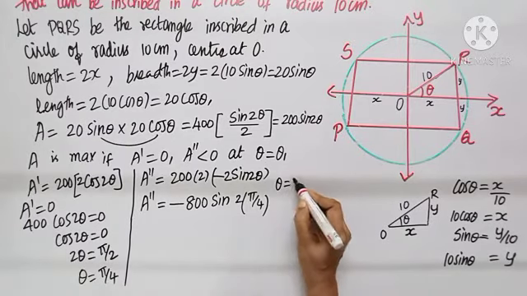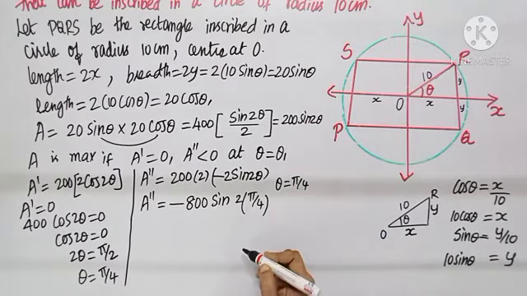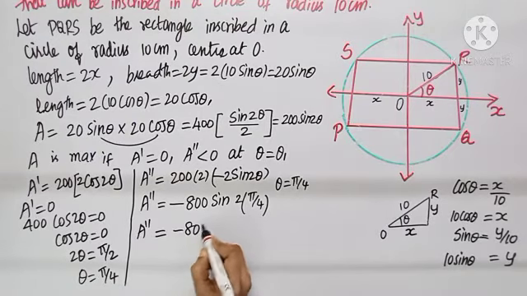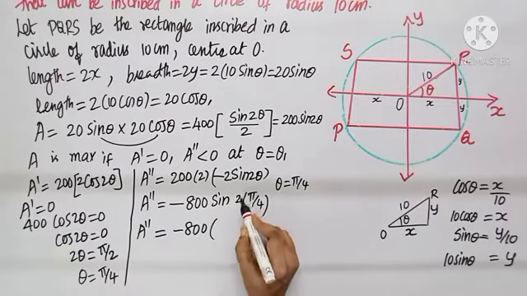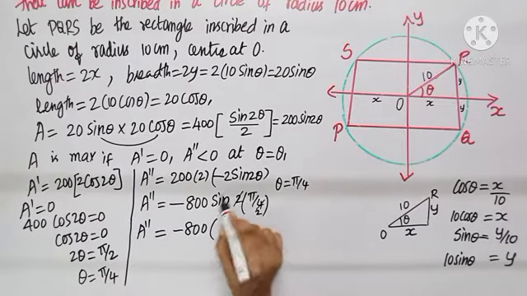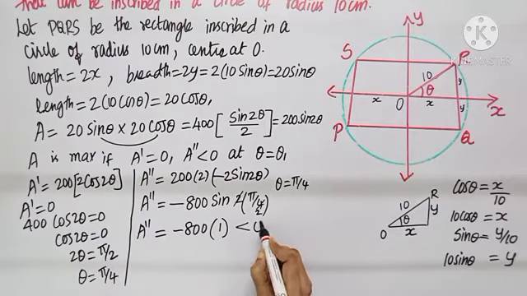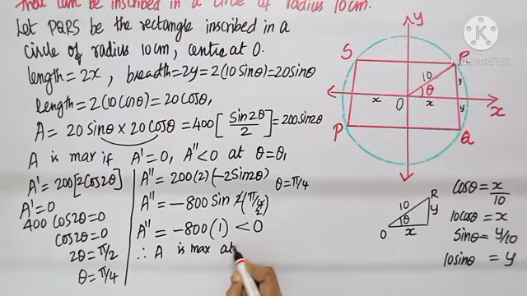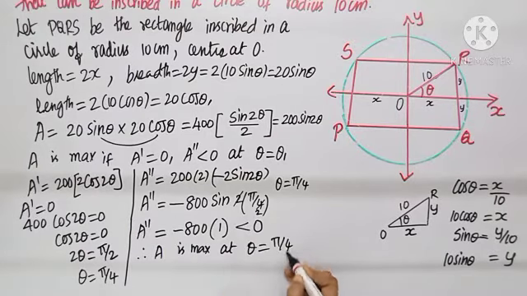I am putting theta value pi by 4. A double dash equals minus 800 sin 2 into pi by 4. If I cancel, sin 90 is 1. So totally it is less than 0. Therefore, A is maximum at theta equal to pi by 4.